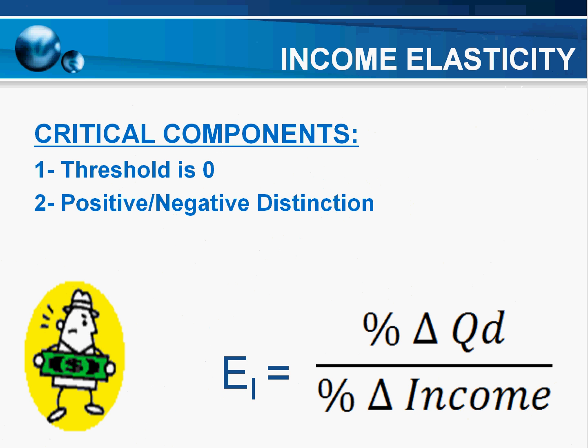Critical components of income elasticity are as follows. The threshold is again 0, meaning that we're making a positive or negative distinction. Notice here that we don't talk about goods falling at 0 because we don't find that to be a possibility.